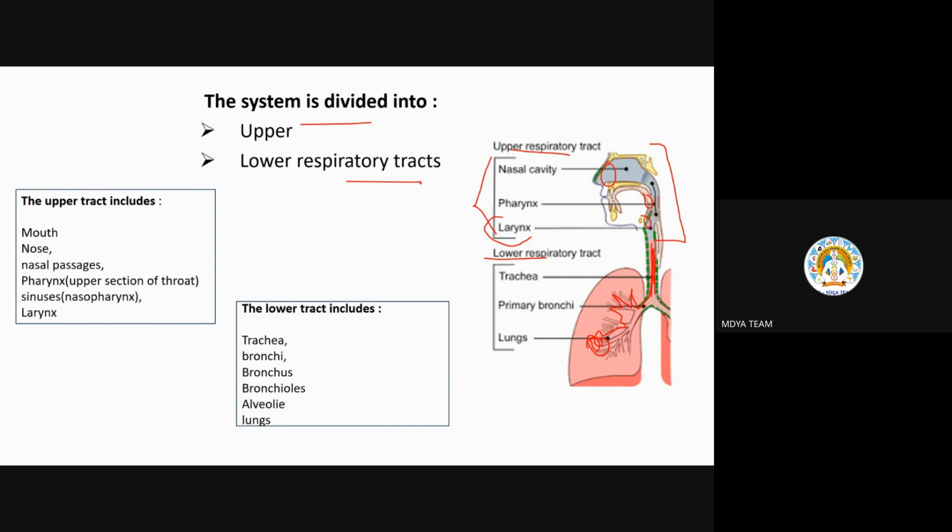Along with the lungs that carry this structure, all this lower part below the larynx is known as your lower respiratory tract, and all the upper organs of the respiratory system come in the upper respiratory tract. Is it clear with this? This is very easy.